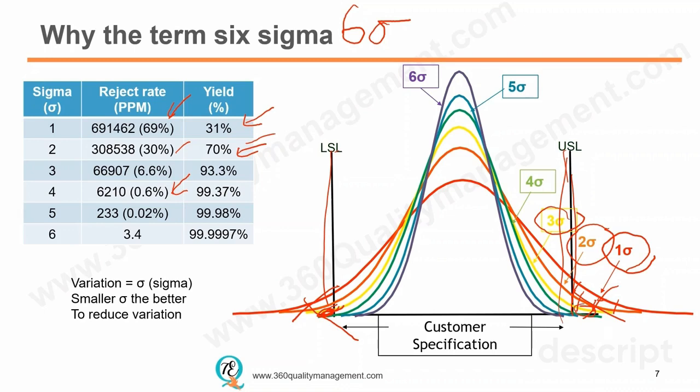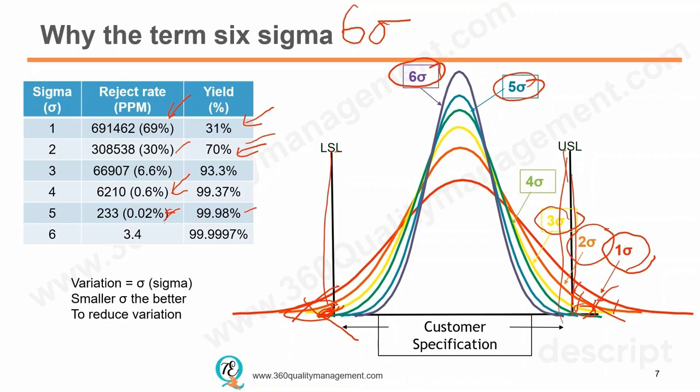And in a 5 sigma process, we will have 99.98% yield and almost negligible reject rate. And lastly, 6 sigma, the king of all, we will have almost nothing out of specification.